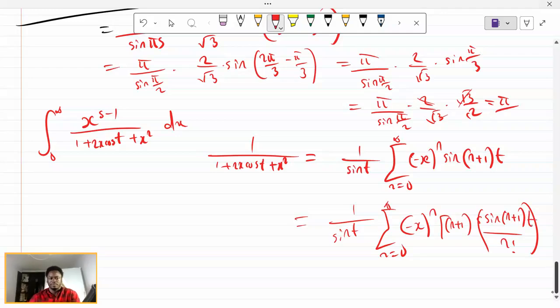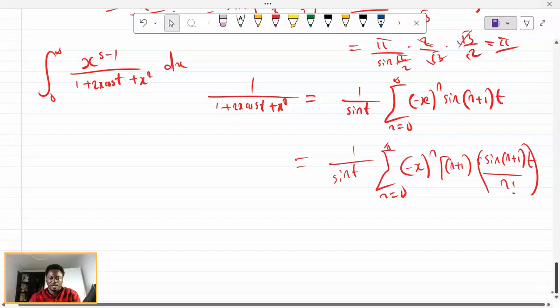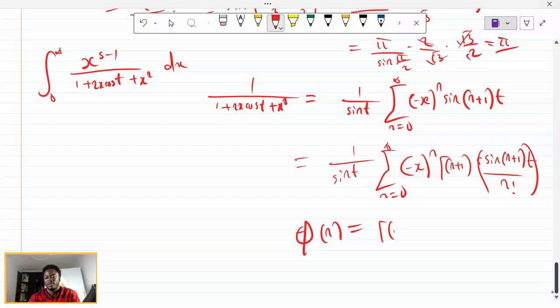So basically, our phi of n for the Ramanujan master theorem would be gamma of n plus 1 sine of (n plus 1)t divided by sine t.